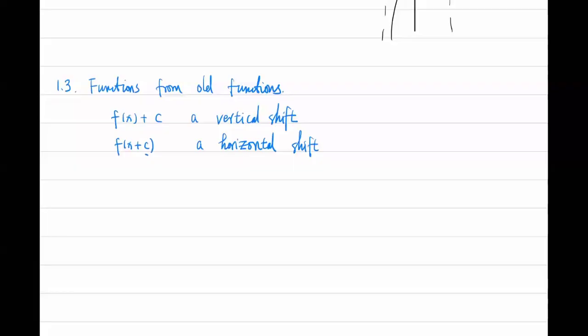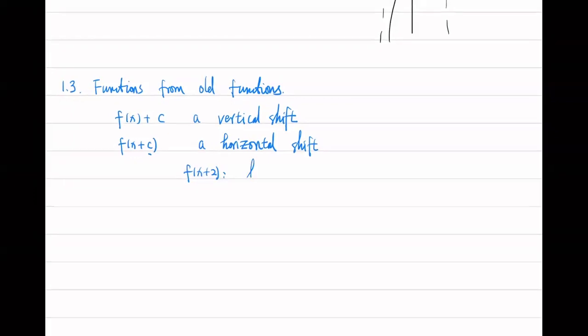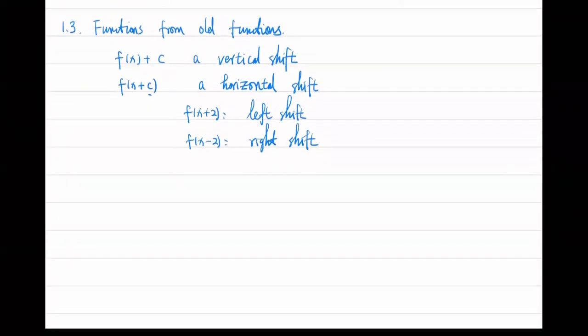For example, we shift the graph to the left. Okay.